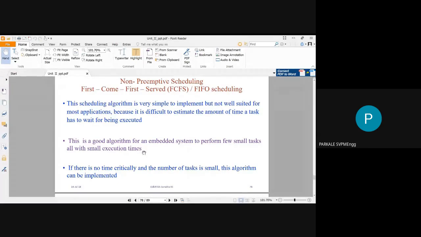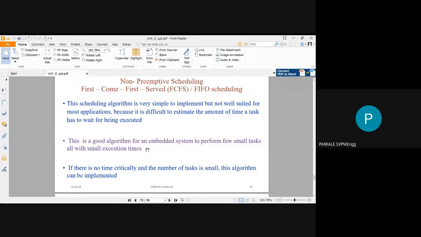For example, we have four tasks, and each task requires about 5 to 10 seconds to finish its work. In this case, this algorithm is the suitable choice, and it can give you the correct output because all your tasks do not have to wait for a longer time.